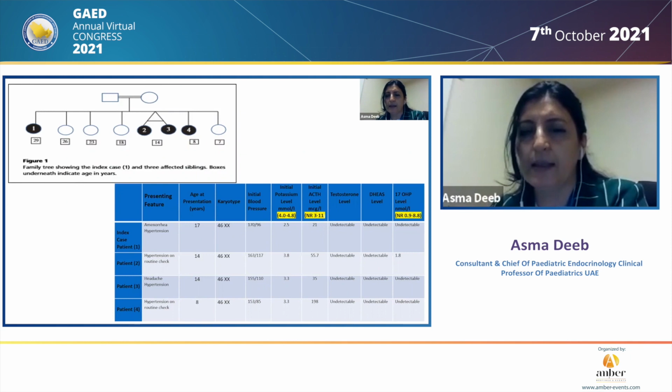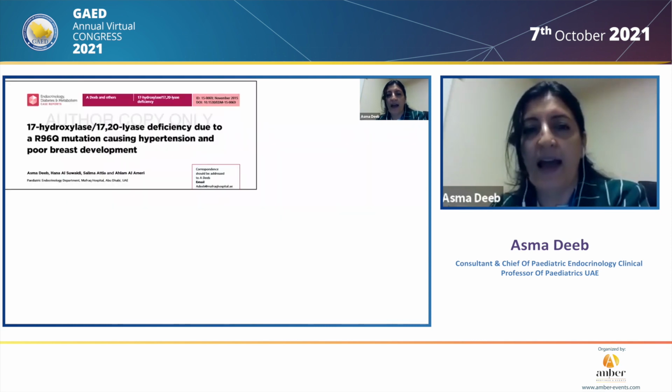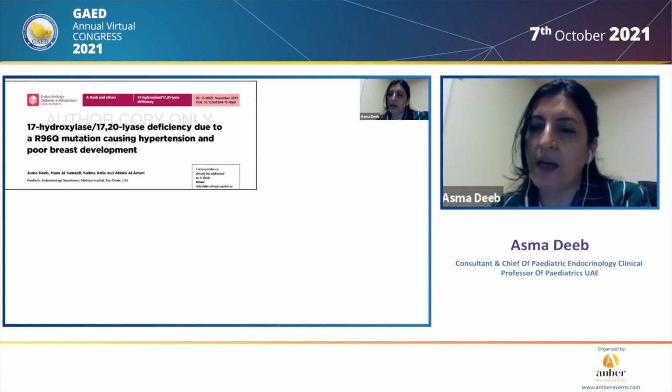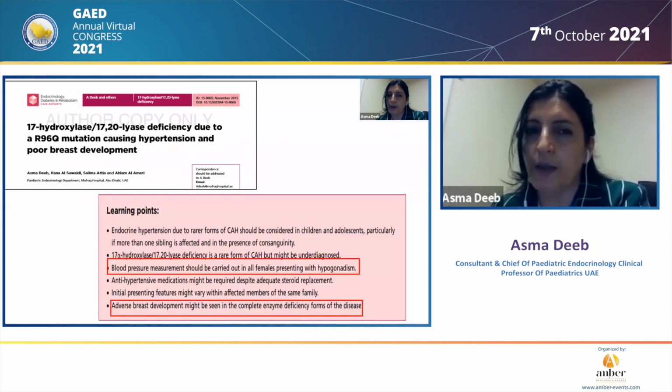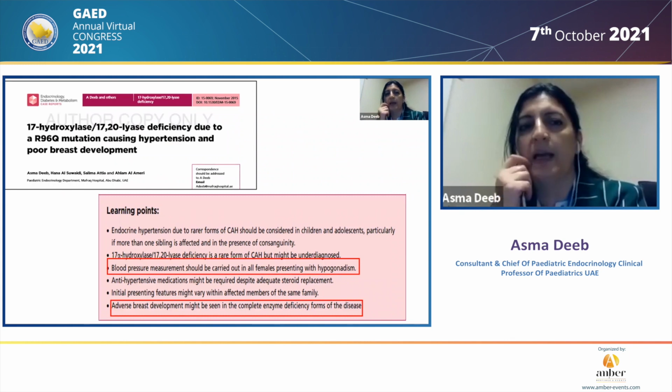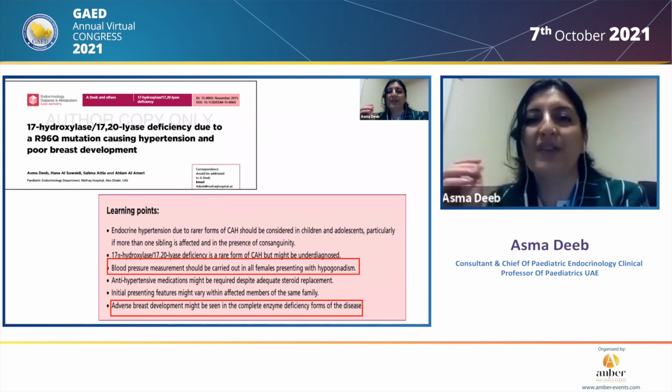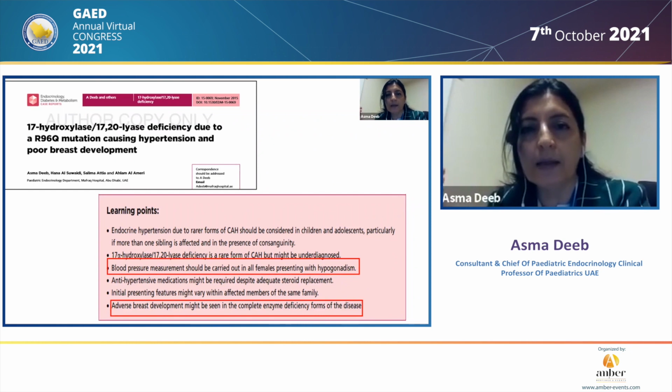Her three affected sisters all had the same thing: hypertension, absent secondary sexual characters, hypokalemia, and when we looked at their mutation, they had the same mutation. We published this case, coming up with some important insights. What I noted in these three or four siblings is that their hypertension persisted despite replacement of corticosteroid therapy.